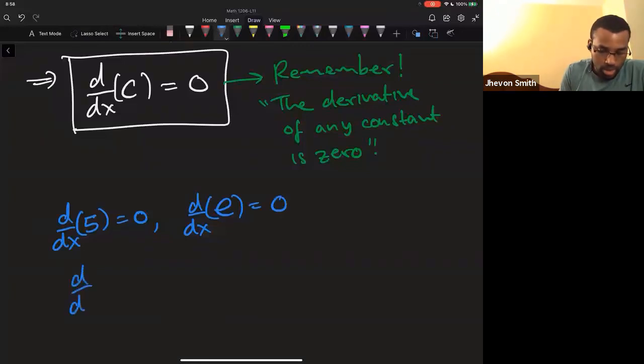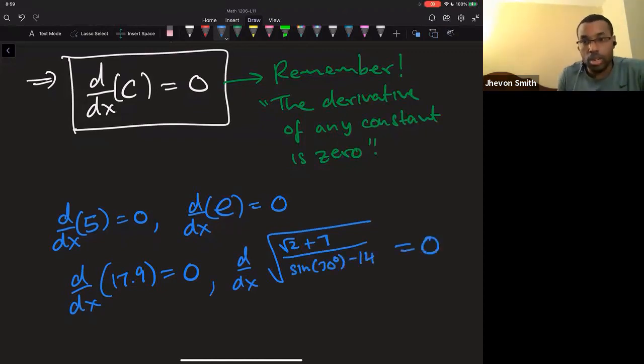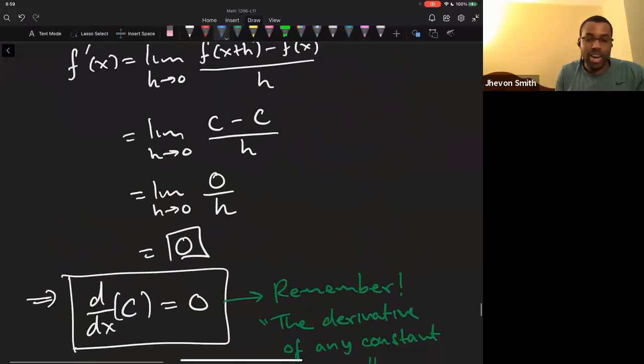What is the derivative of 17.9? Well, the answer is 0. What is the derivative of the square root of 2 plus 7 over sine of 30 degrees minus 14? The answer is 0. It does not matter what the constant is. For any constant c, the derivative is going to be 0.